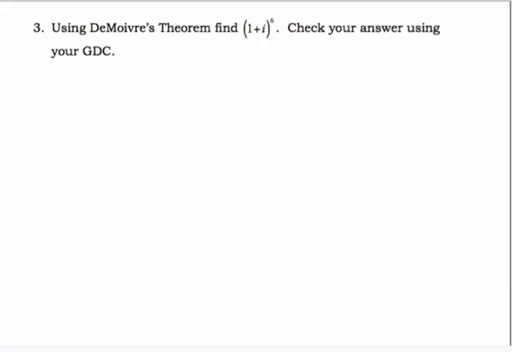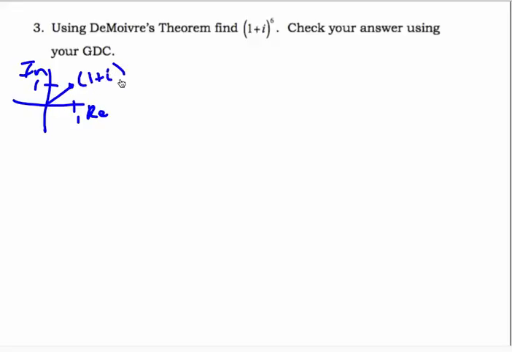Next we're going to be using De Moivre's Theorem to find this quantity, and we're going to do this a couple of different ways. So this is the complex number 1 plus i. This is the real axis, imaginary axis. Here's 1, here's 1i. So this is the complex number we're talking about.